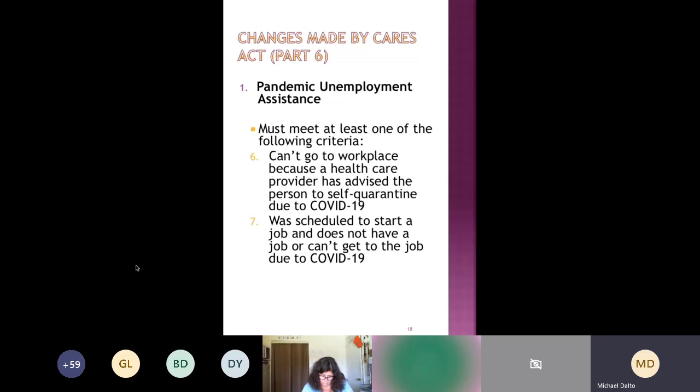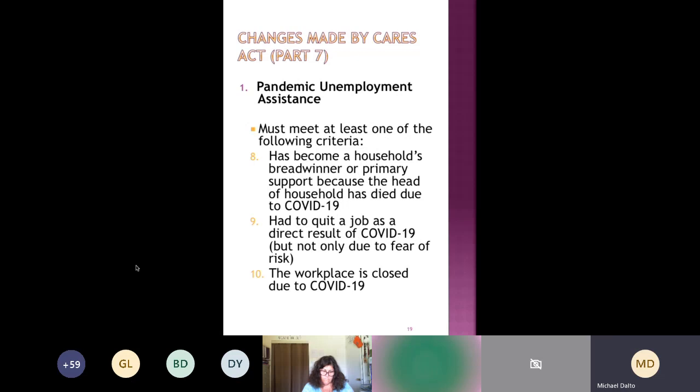So again, we don't have any federal guidance on how these criteria are going to apply. They're not spelled out in any greater detail in the CARES Act, but it sounds like that person has a strong argument to make at least, and should certainly be encouraged to file a claim.